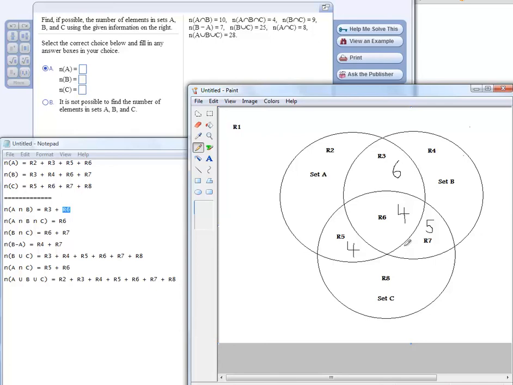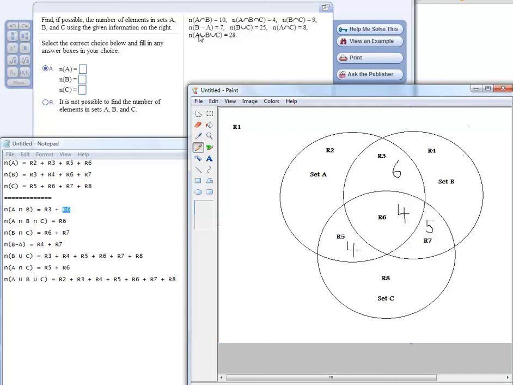Now, we need to address R2, 4, and 8. If I take this statement here, the union of all of these sets, in other words, all of the elements that are contained in R2, 3, 4, 5, 6, 7, and 8, we know that that's going to be 28 elements.